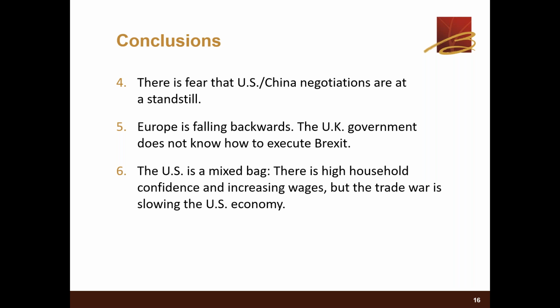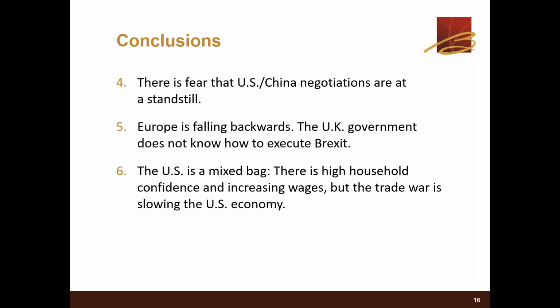Another concern is that there's fear that the U.S.-China negotiations have come to a standstill, that they've reached just points of trouble where finding agreement has been out of reach. And that's a concern. The longer this goes on, the more difficult it's going to be for the U.S. and the world economy to grow.